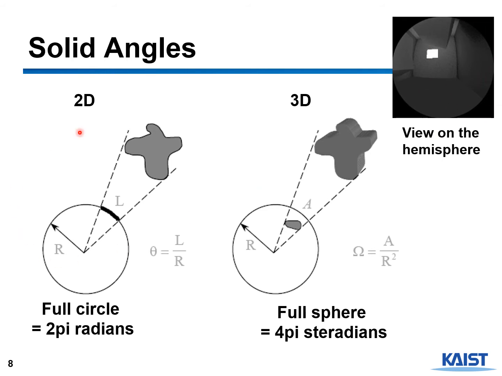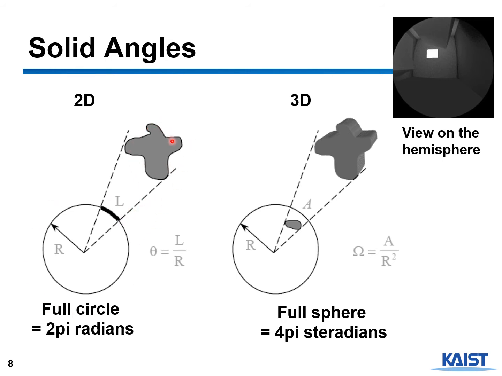So we need to use this kind of geometric configuration, which is known as the solid angle. Suppose here we define this circle that has a radius of r, and you want to know that this 2D object projects onto some arc that has an arc length L on the circle.